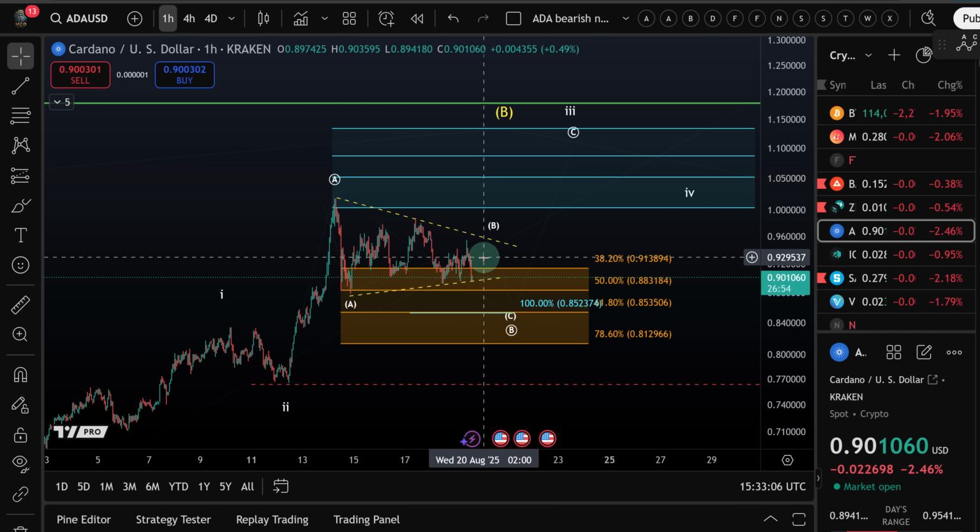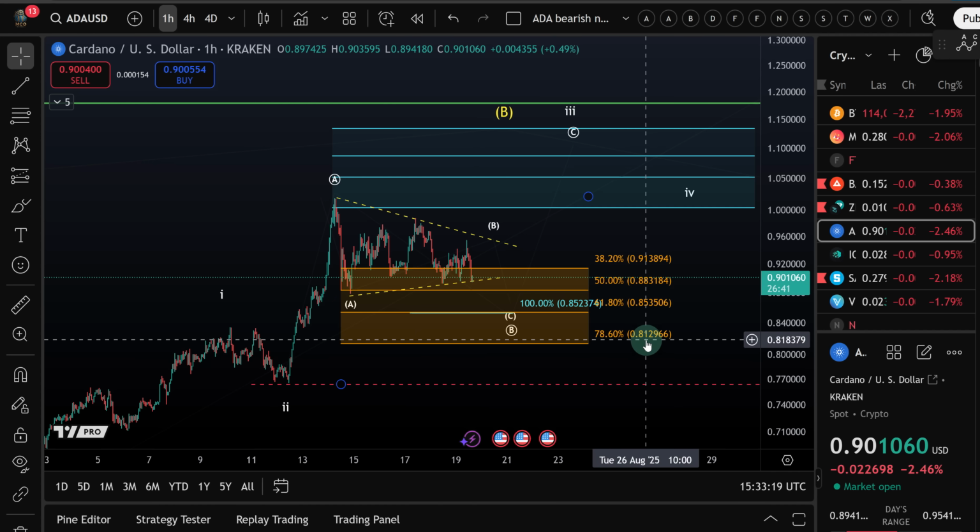So these are the Fibonacci levels, which are mathematical representations of market sentiment. Specifically here, this B-wave pullback should ideally not break below the 81.3 cent level. That's the 78.6 retrace level. And as you can see, at the moment, we are holding above that level.